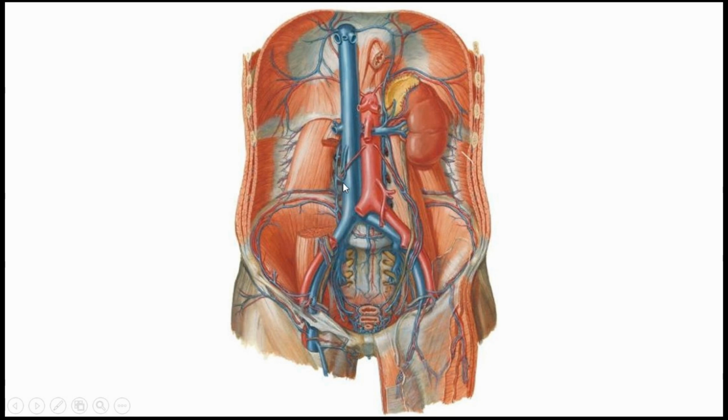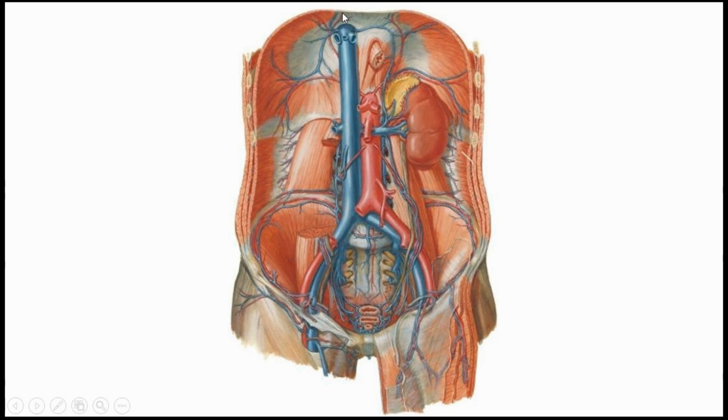But because it's shifted there to the right, these veins on the left side, like the left ovarian vein or the left testicular vein, don't transition to the IVC. Instead, they drain to the left renal vein first, as does the left suprarenal vein, and the blood from those structures then flows through the left renal vein to get to the inferior vena cava right there.